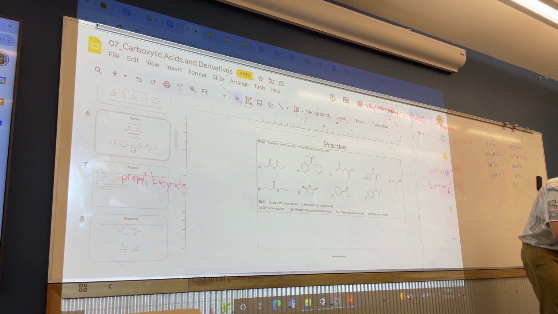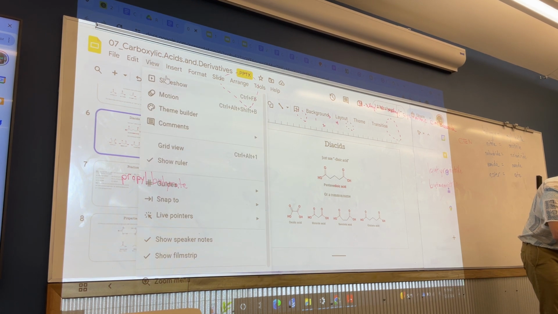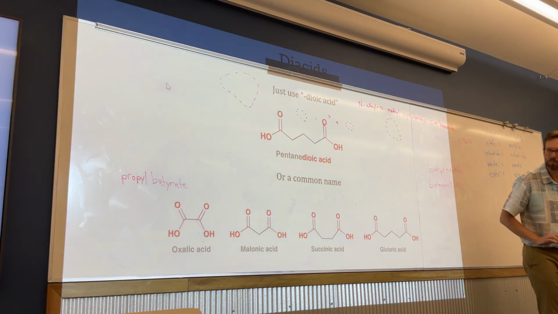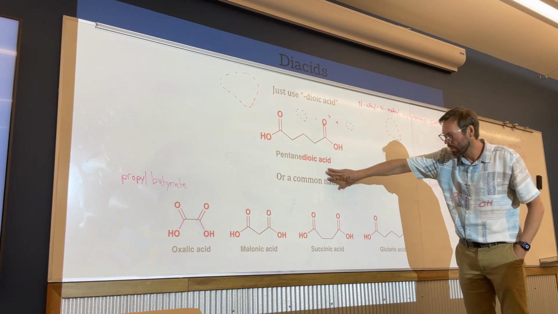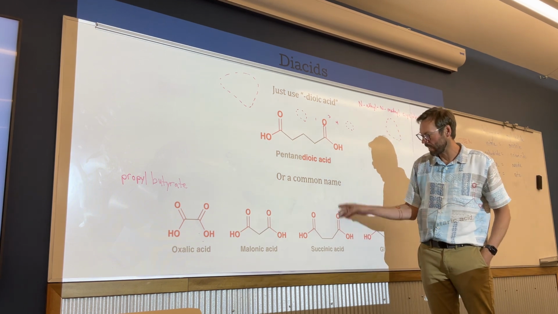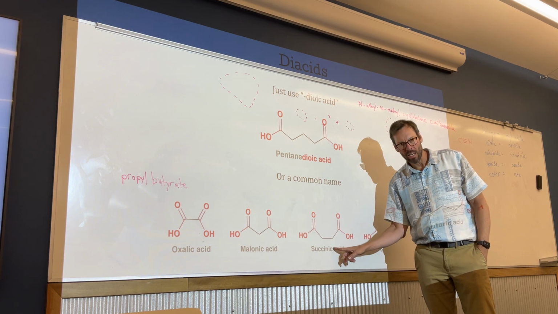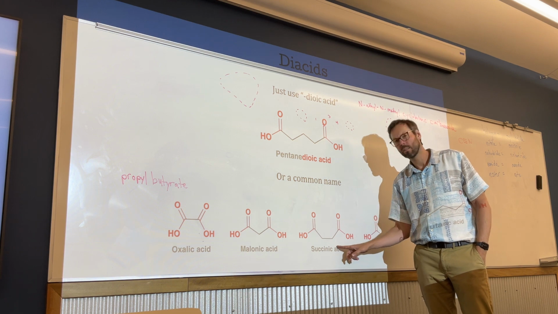Some diacids here. So butane dioic, this could be, or pentane dioic, this would be 1, 2, 3, 4, this would be butane dioic anhydride, or it could be succinic anhydride.